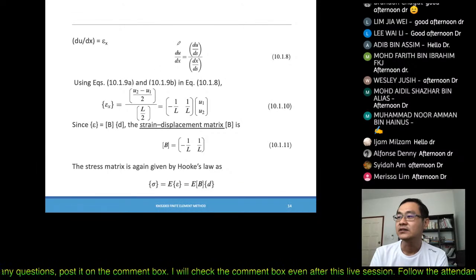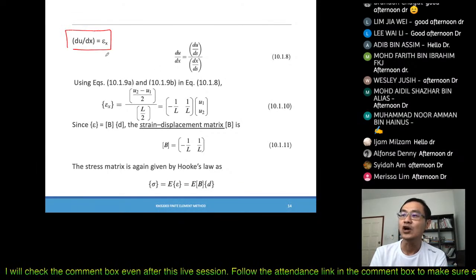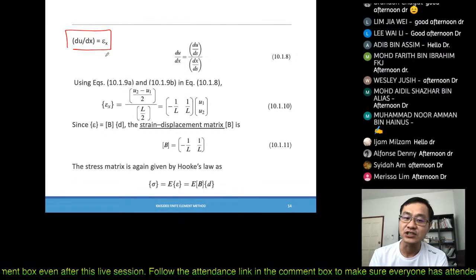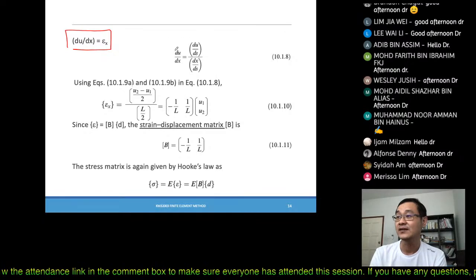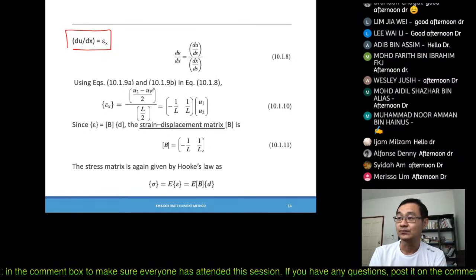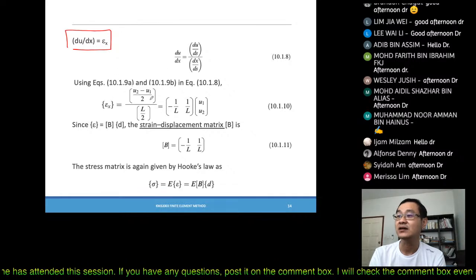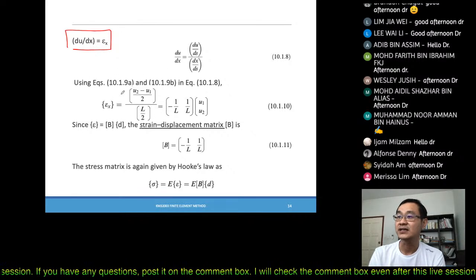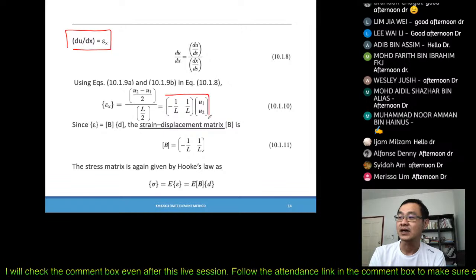And also we know that du over dx is actually the strain in the x direction. Therefore, we can put in whatever equations we have derived previously into our strain. When we put it in and group, it will form this matrix form.